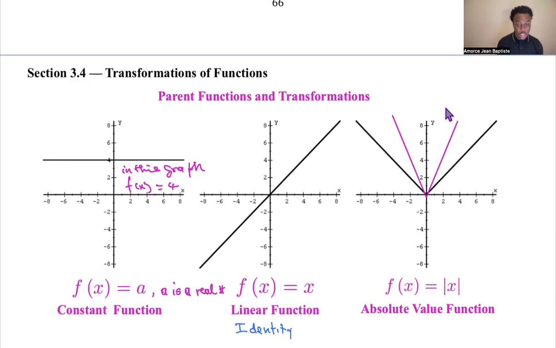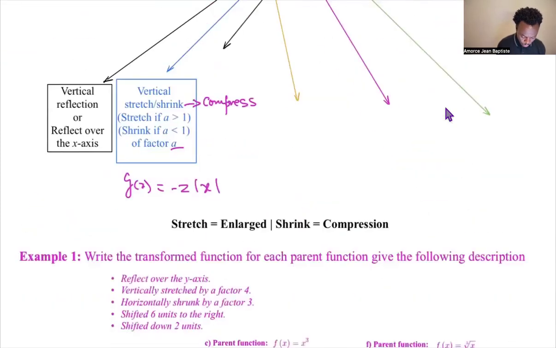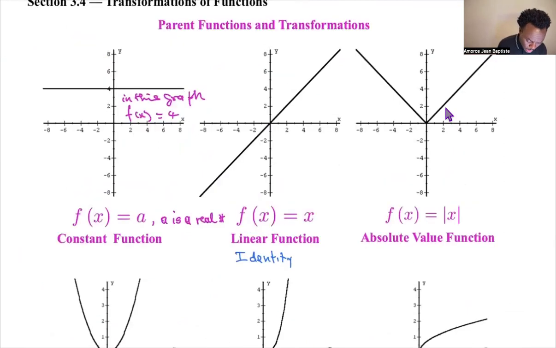Whereas if you have a vertical shrink, that can be, well, I'm calling 1/2, for example, then your graph will be closer to the x-axis, like moving away from the y-axis. You would see something like it opens more, moving toward the x-axis.